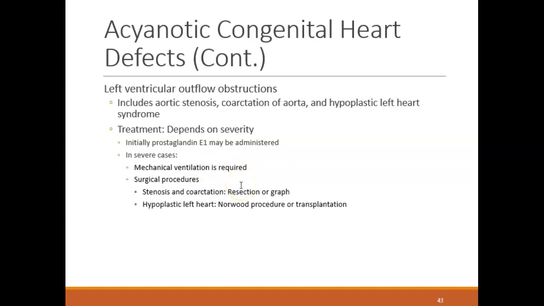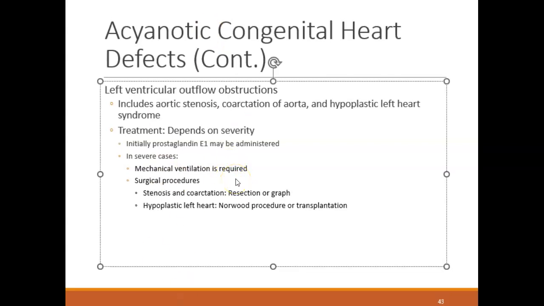So typically what we will do for these, sometimes they might treat them with prostaglandin E1. That's a typical treatment for these types of obstructions. You remember those prostaglandin medications are vasodilators.